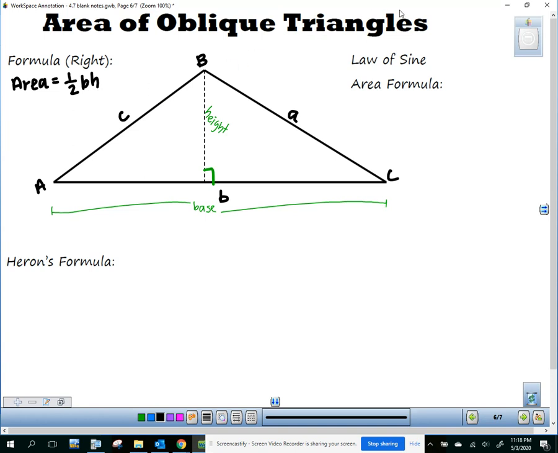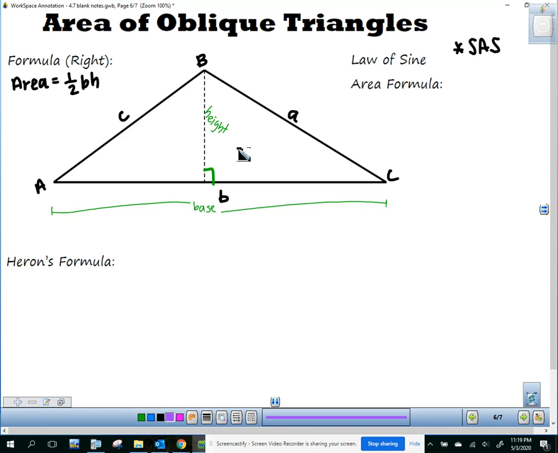Now the thing is, with the law of sine area formula, you can use this when you know side, angle, side as your three given pieces. Now the way this works is that height that we drew breaks this triangle into two right triangles.